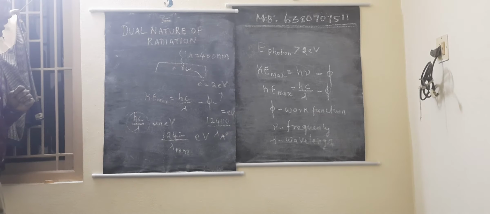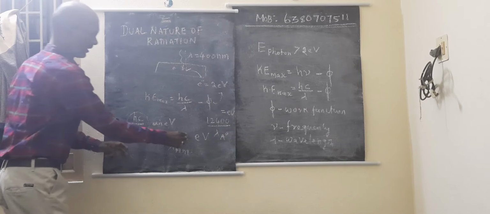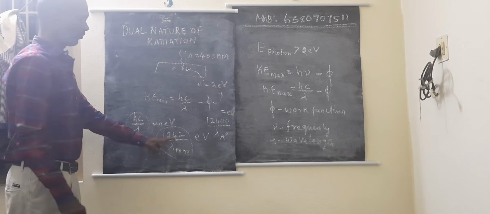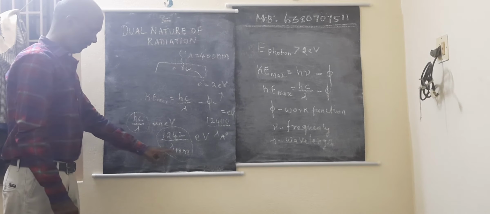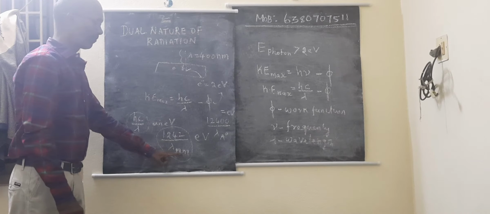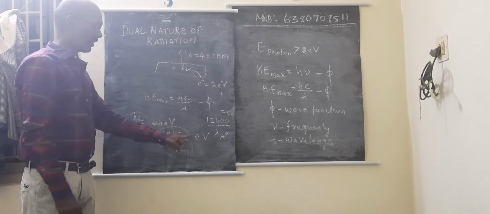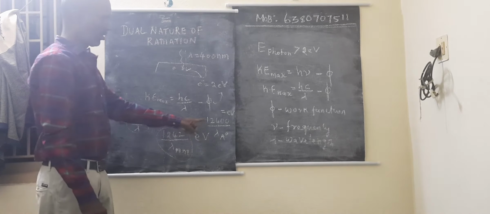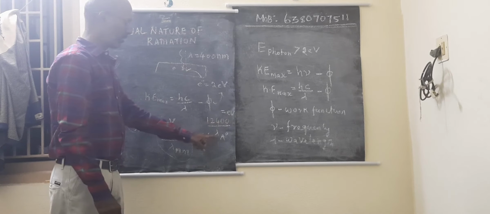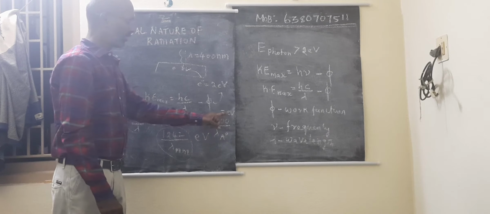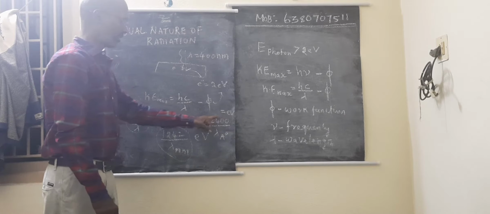These two formulas you have to keep in mind. 1242 divided by wavelength in nanometer will directly give the energy value in electron volt, and 12400 divided by wavelength in Armstrong directly gives the energy value in electron volt.